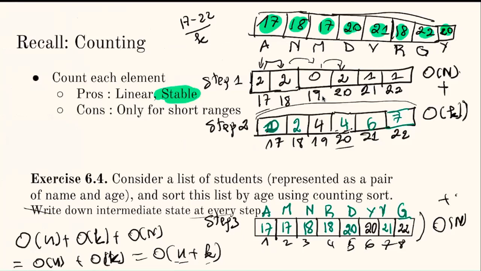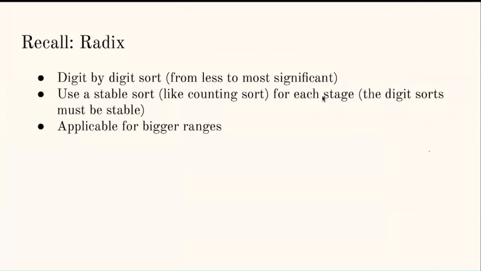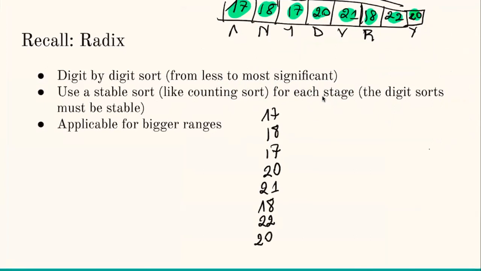Let's just pick up an example that we had before. So let's consider the same example. Our input sequence will be 17, 18, 17, 20, 21, 18, 22, and 20.